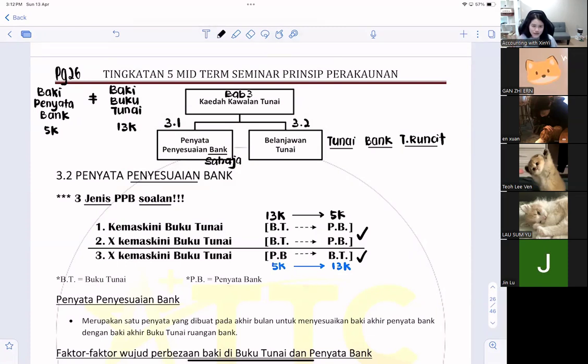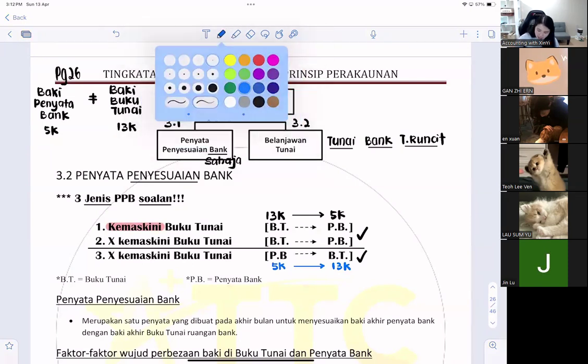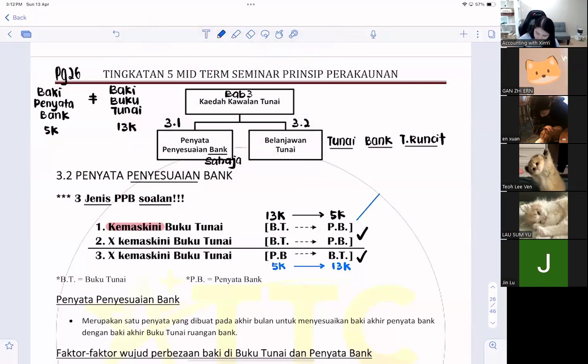Okay, it's very obvious, because if you want to use the first method, they must say kemas kini buku tunai. What's troublesome about the first method is that you are required to prepare two sections of your answer. You have to answer two times, okay? The first part is you need to redo the buku tunai, the buku tunai kemas kini.